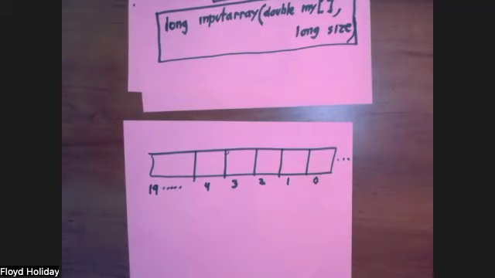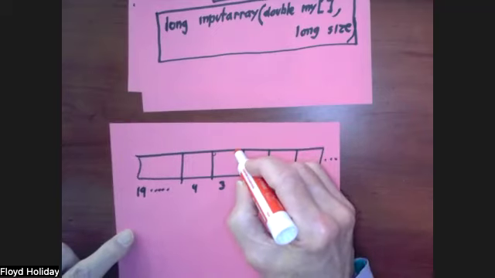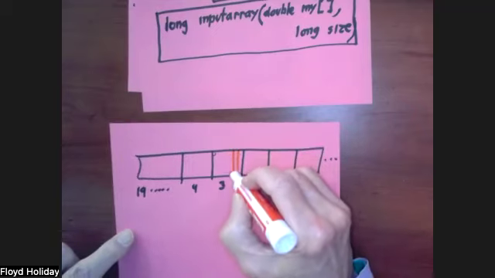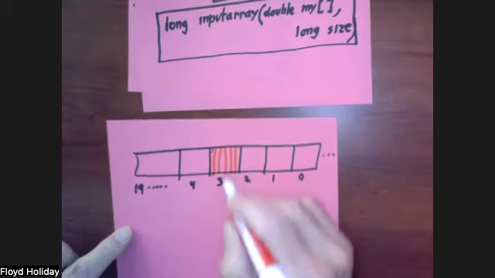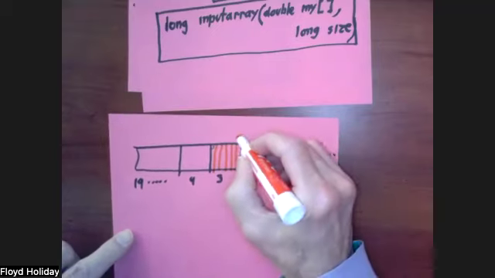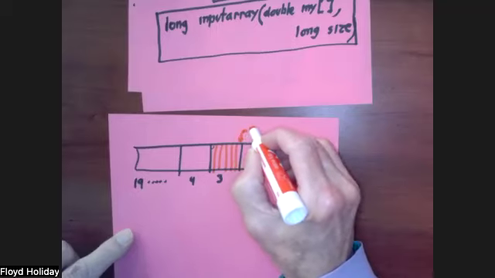They're not addresses. Each cell is 8 bytes, so I can't draw them that small, but there's 8 of these inside of here. Each one of those has its own address number.